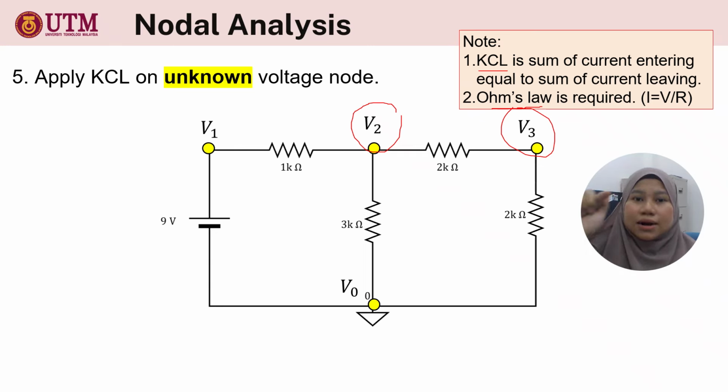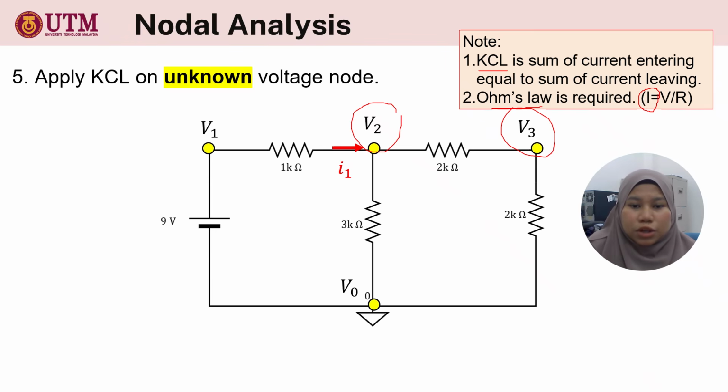KCL means the current in is equal to the current out. And we also need to consider Ohm's law, which is V equals IR. But for nodal analysis, we always want to find the I because we are using KCL. KCL is currents, right? So we want to use I equals V divided by R.